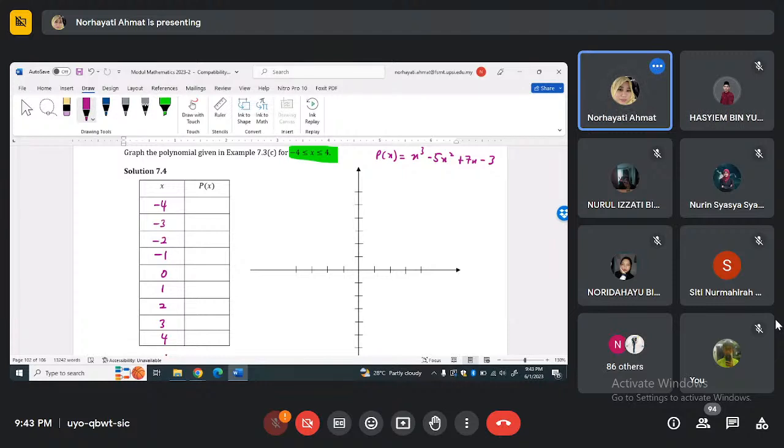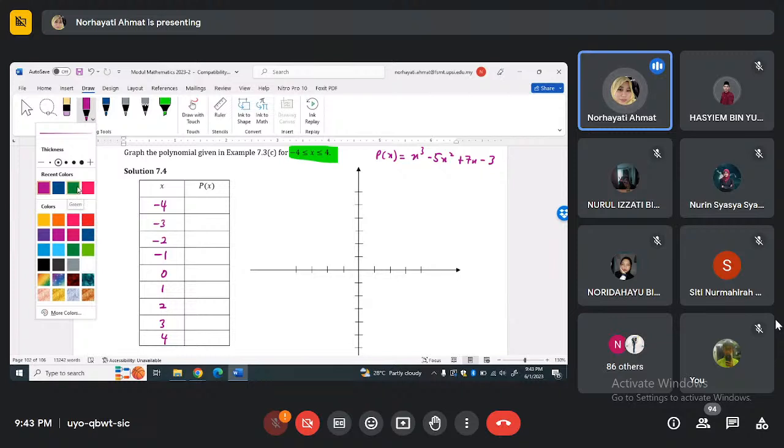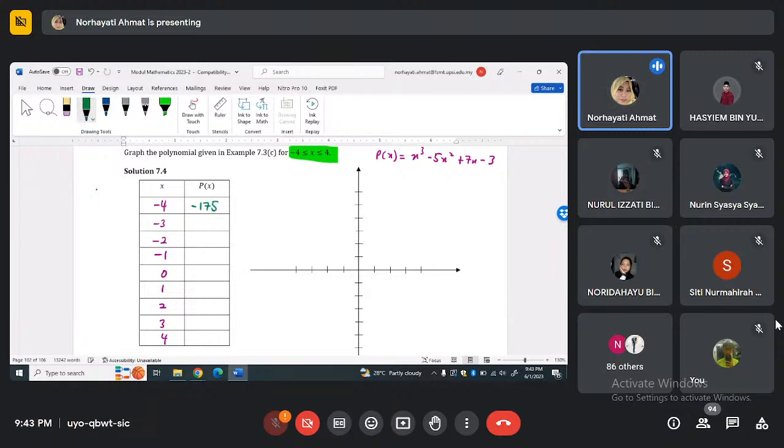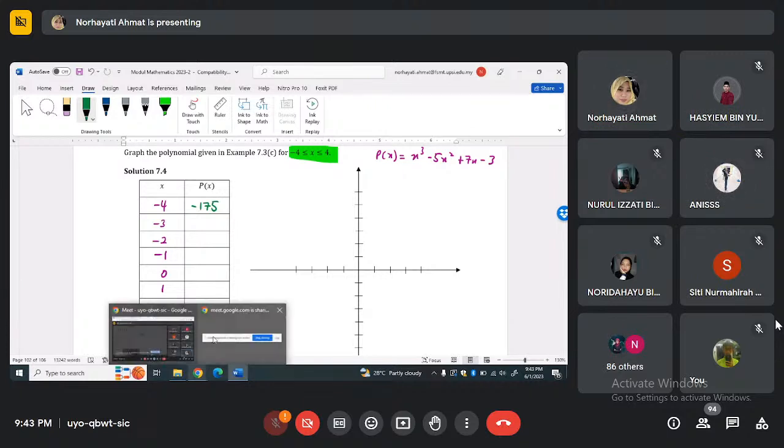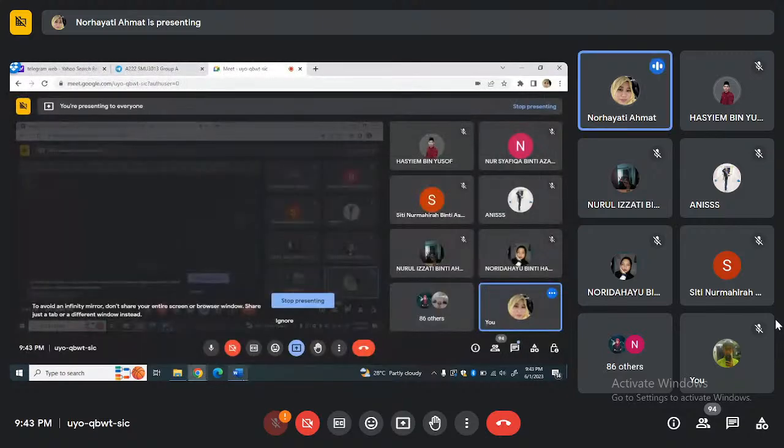For example, when x equals negative 4, how much do you get? Use your calculator, you will get negative 175. So please get the other values. Okay class? Okay, 5 minutes.